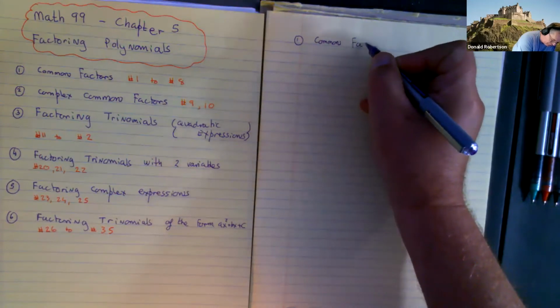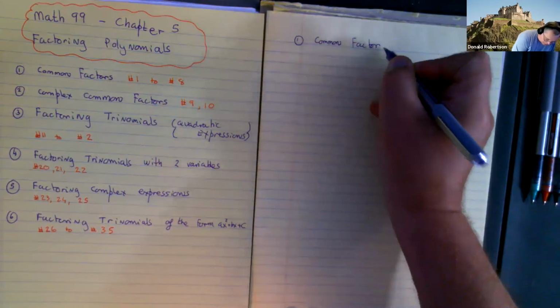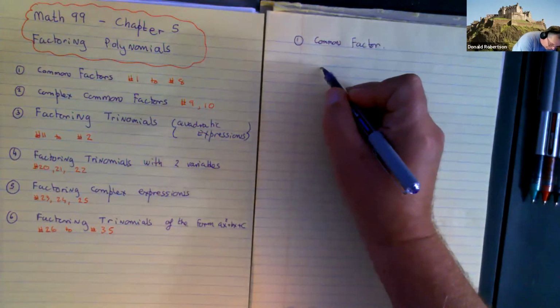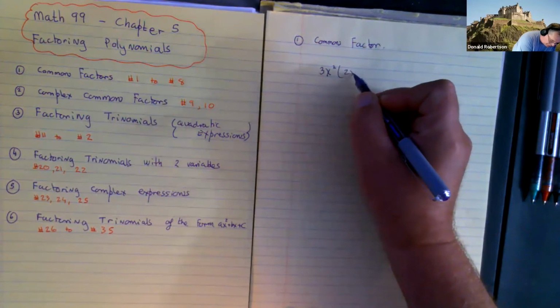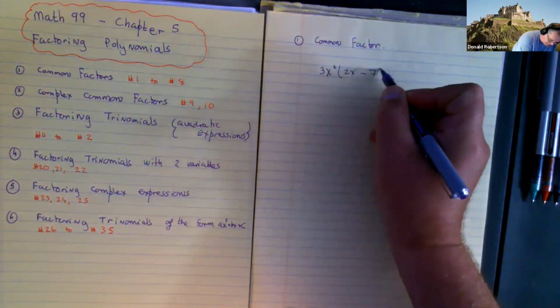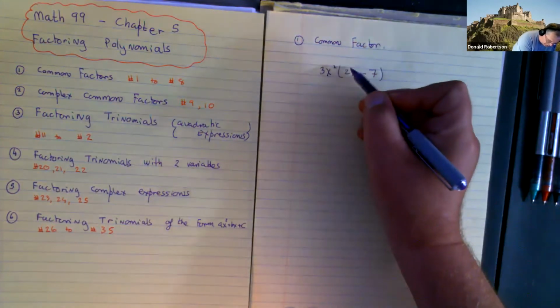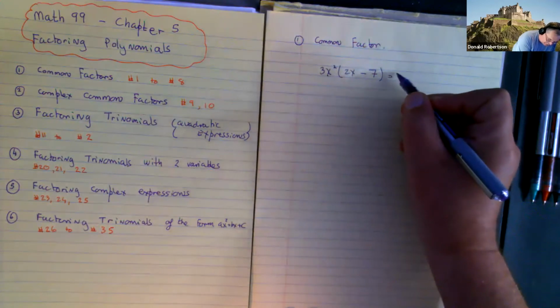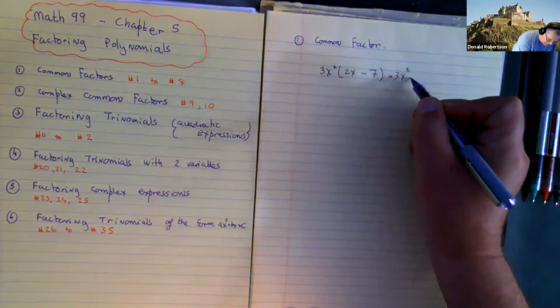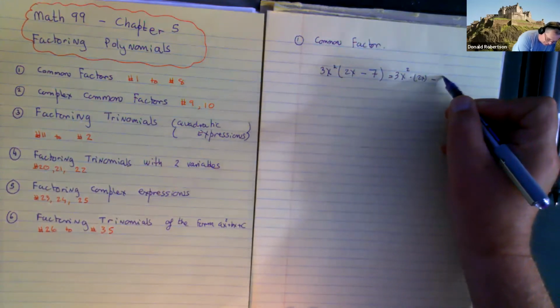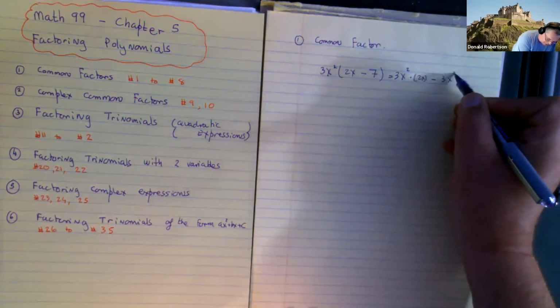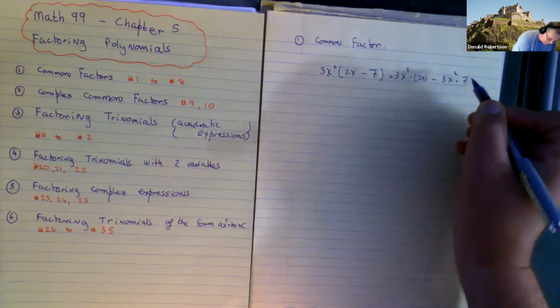Now, in the previous section, we looked at something like the distributive law. So for instance, if you had 3x squared times (2x take away 7), for example, and you multiplied these together, you would get 3x squared times 2x minus 3x squared times 7.